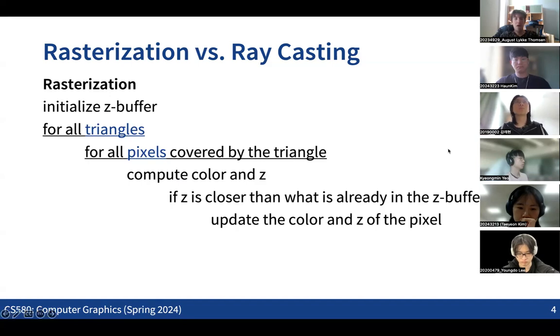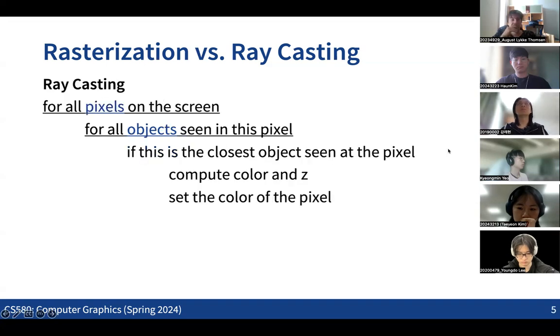So this was the high-level algorithm of rasterization, while ray casting is the opposite. For each pixel on the screen, we shoot a ray into the 3D space, check the intersection point with the 3D objects, and fetch the information from the 3D scene.